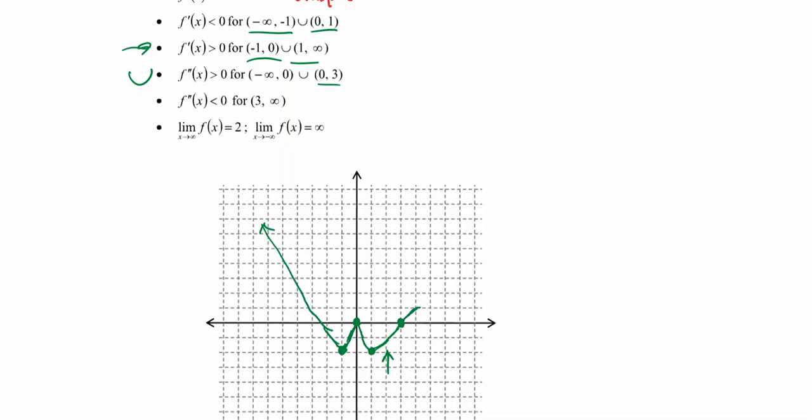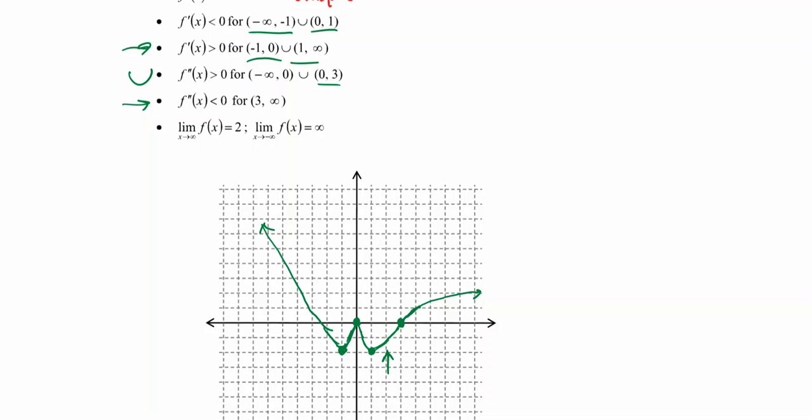Let's look at the next section to see if this makes sense. It says f double prime, the second derivative of x, is less than 0 from 3 to infinity. That confirmed my intuitions, that we're going to be concave down going this way.